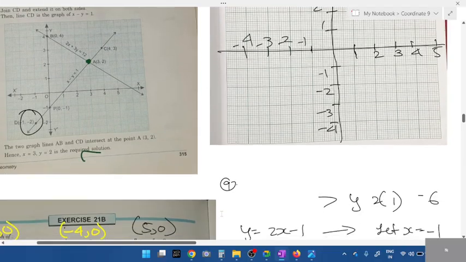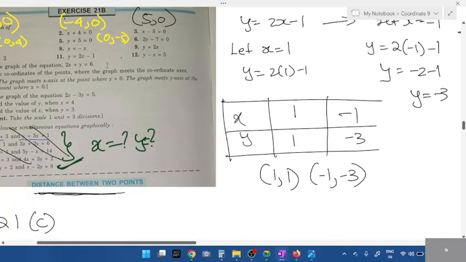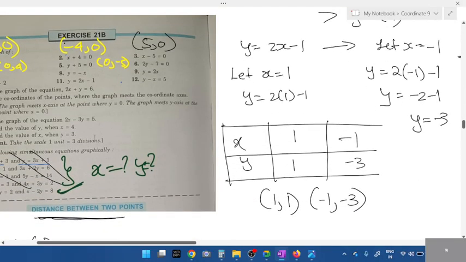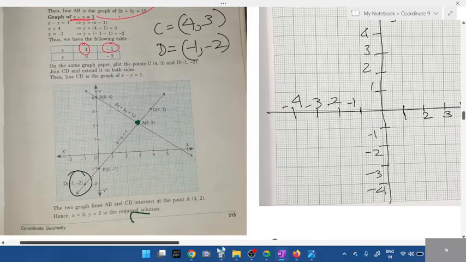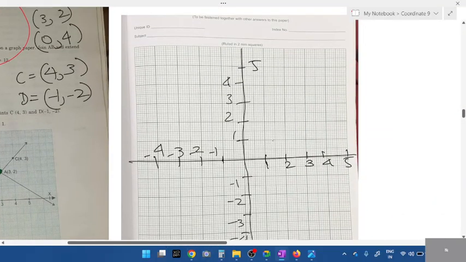What is the answer we got, students? See, they've asked us to plot on the graph, right? So for this question, what are the values we got? 1 comma 1 and minus 1 comma minus 3. Look here, 1 comma 1. I'll tell you how to draw 1 comma 1 here. Then minus 1 comma minus 3 lies in the third quadrant, this point. Is this clear? All of you understood?